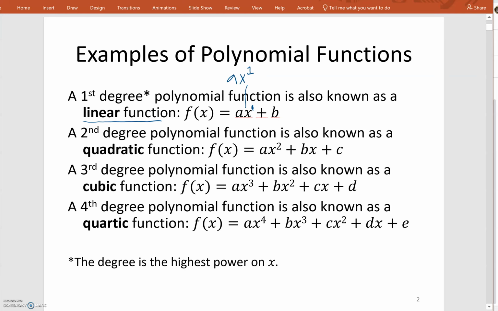So if we go to the second degree polynomial, we have a couple of changes. The first thing that makes it a second degree is this: the highest power of the x variable is a 2.